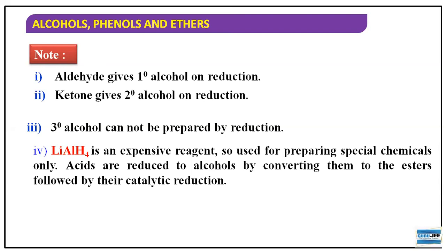When you use lithium aluminum hydride, it is a simple straight method, but instead you go a step ahead and then backward, preparing the ester first and then reducing it to alcohol via catalytic reduction. Sodium borohydride and lithium aluminum hydride are both specific reagents and they are expensive. So this is the way we use it.